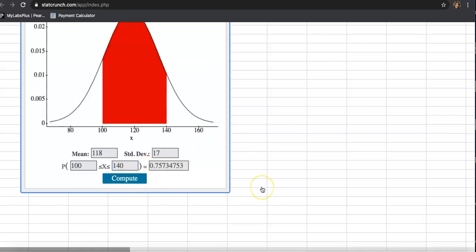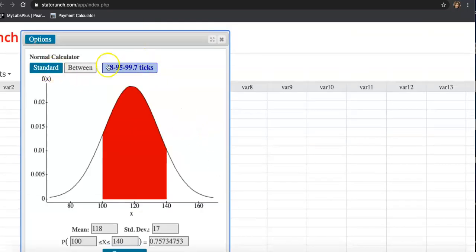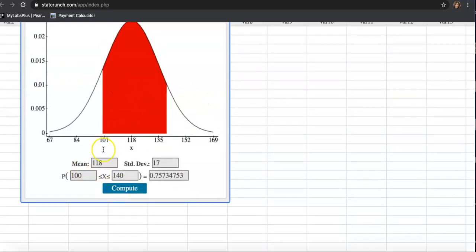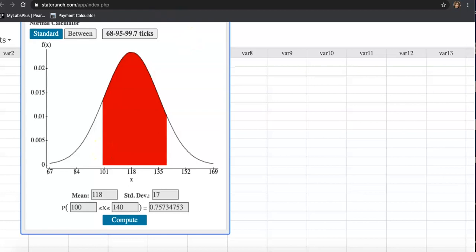Ta-da! So about 75.73%, or if they're asking for proportion, you can give them 0.7573. That's how you can use the between calculator on StatCrunch to find that proportion, okay?